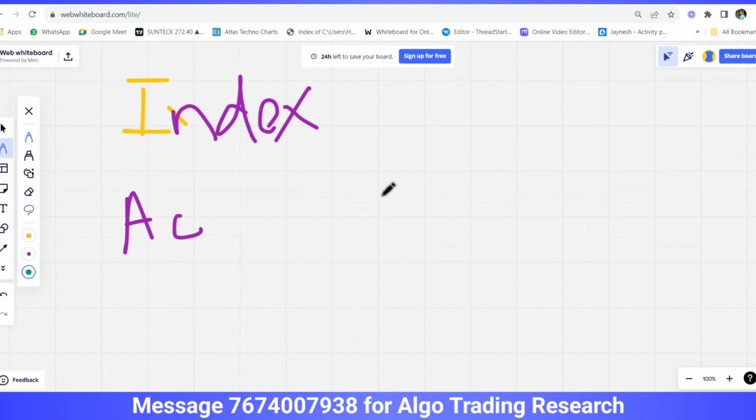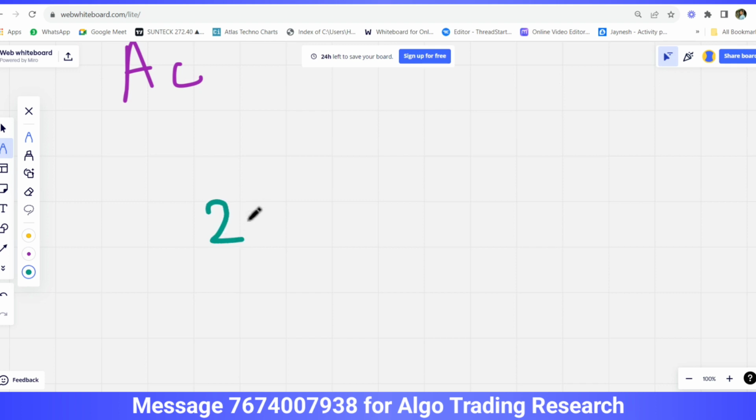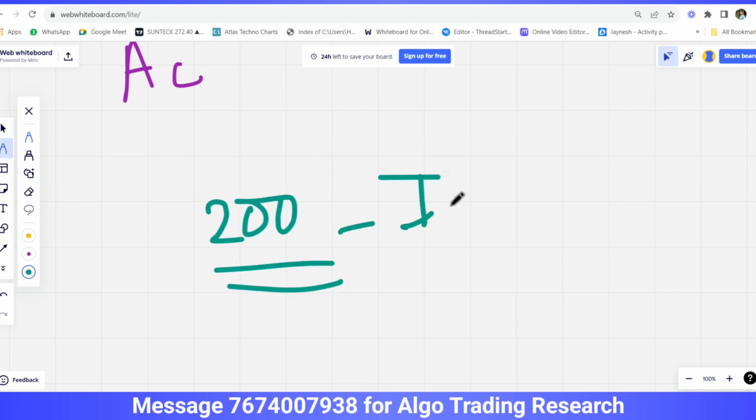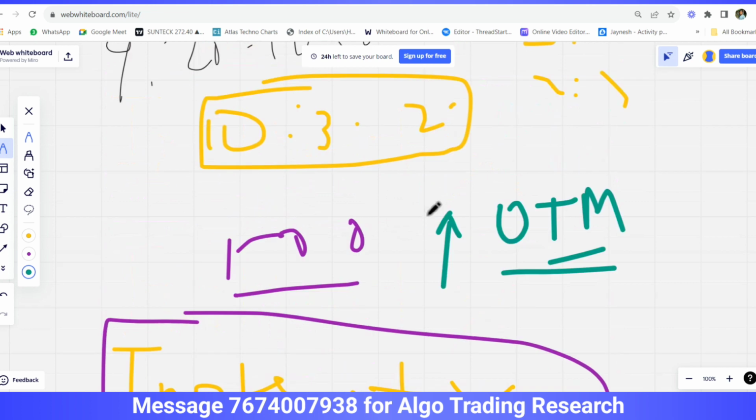The optimum premium that you have to select for a range breakout option is, I find, 200 rupees, because 200 rupees will be ITM 1, or max ITM 2, on expiry. But this will be, let's say, OTM 1 in case of Monday, Tuesday, Wednesday. So it will be in that kind of range.